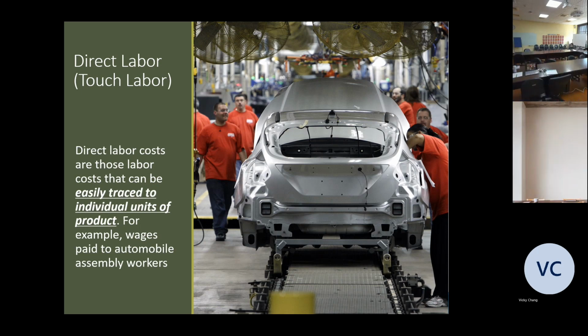Direct labor costs are those labor costs that can be easily traced to individual units of product, for example, wages paid to automobile assembly workers. They are direct labor.